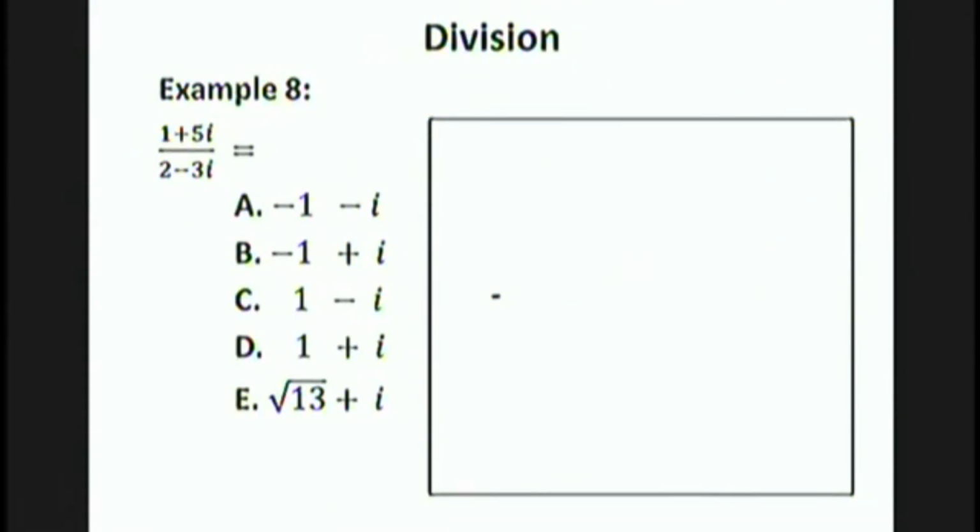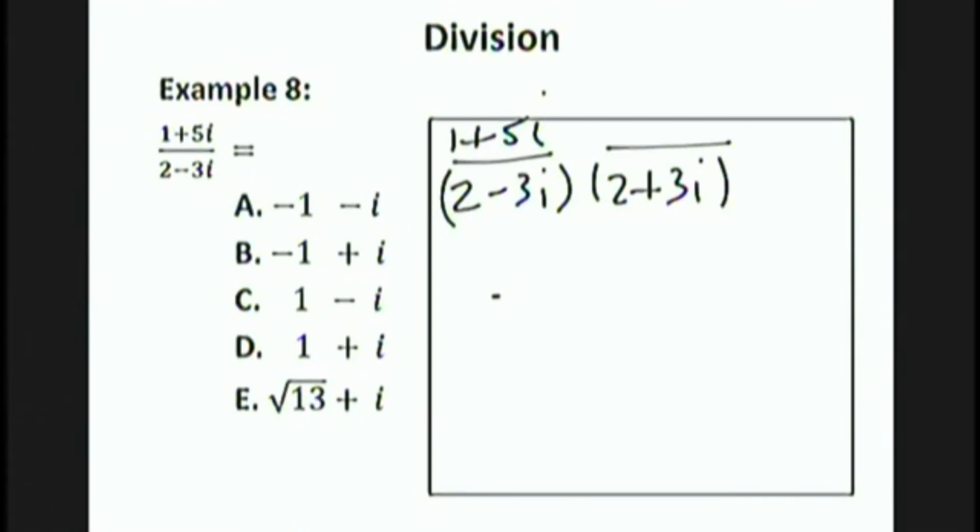This observation can help us to divide complex numbers pretty easily. So the trick to divide two complex numbers is to take the conjugate of the denominator and multiply both the numerator and denominator by this conjugate.